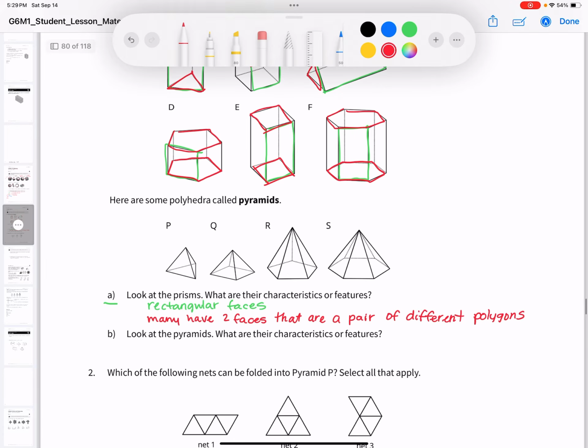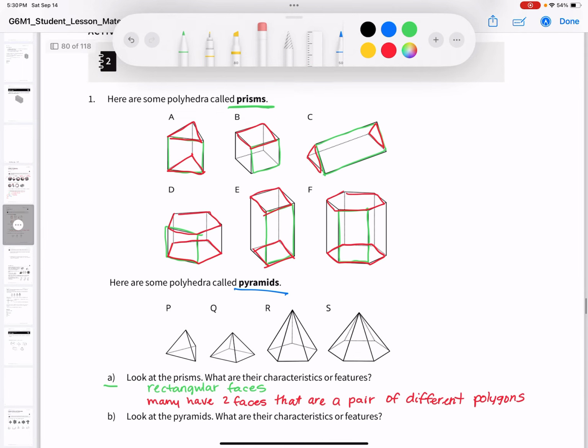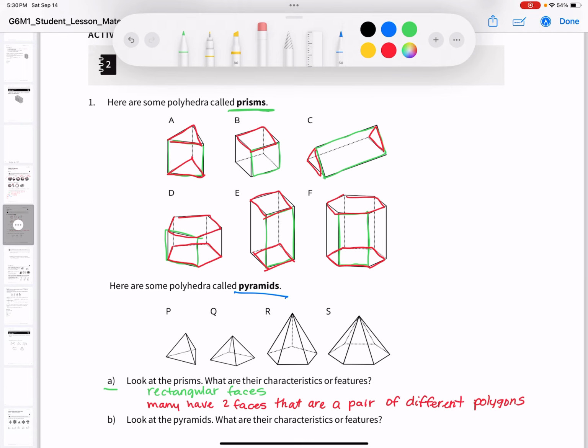All right, let's look at pyramids. There are some polyhedra called pyramids, right? And so if I look here, we can see a very common shape. Just like up here, we had the common shape of rectangles, right?